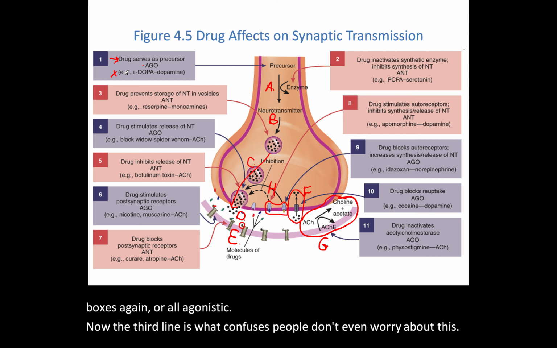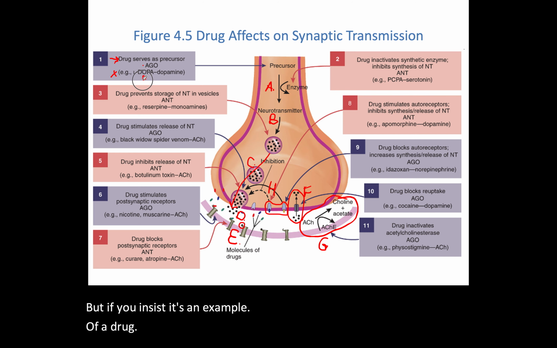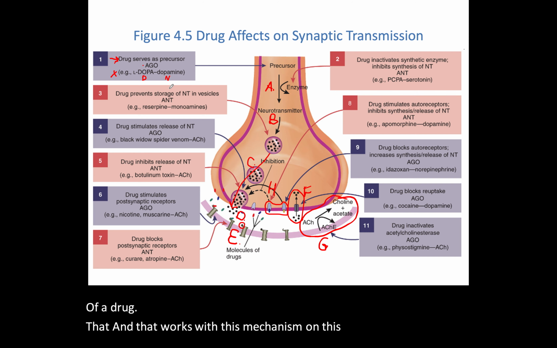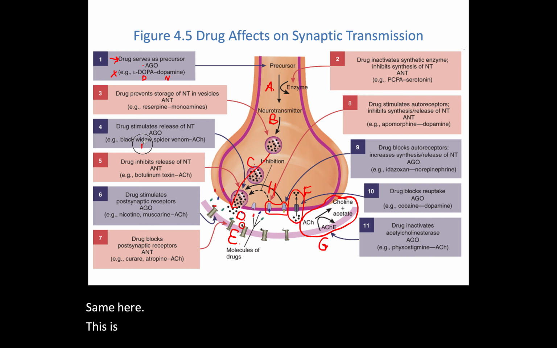But if you insist, it's an example of a drug that works with this mechanism on this neurotransmitter system. Same here. This is the drug. In this case, it's a poison, but same idea.